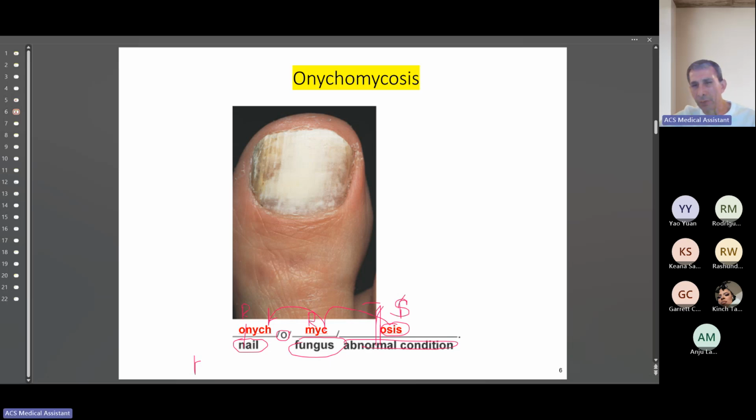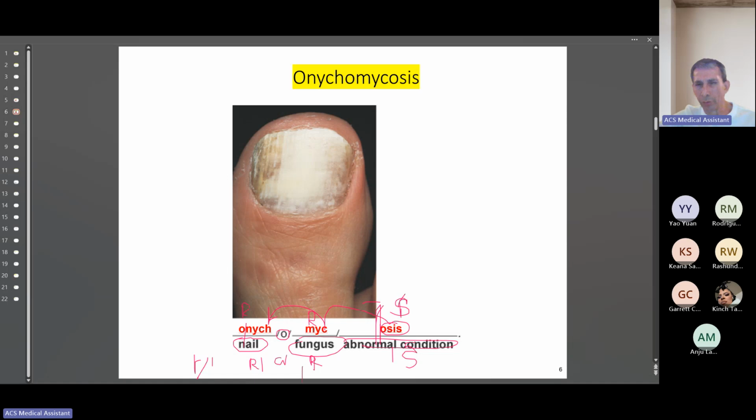So right here, we have once again, this medical term has, remember, word root, combining vowel, word root, and suffix. How many parts do we have? 1, 2, 3, 4, 5.